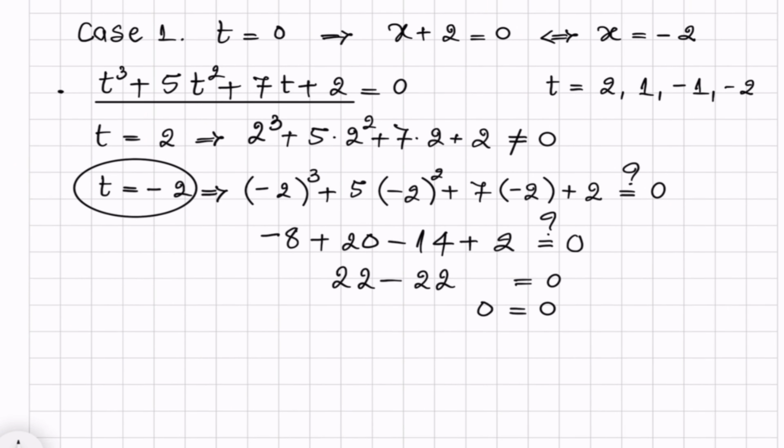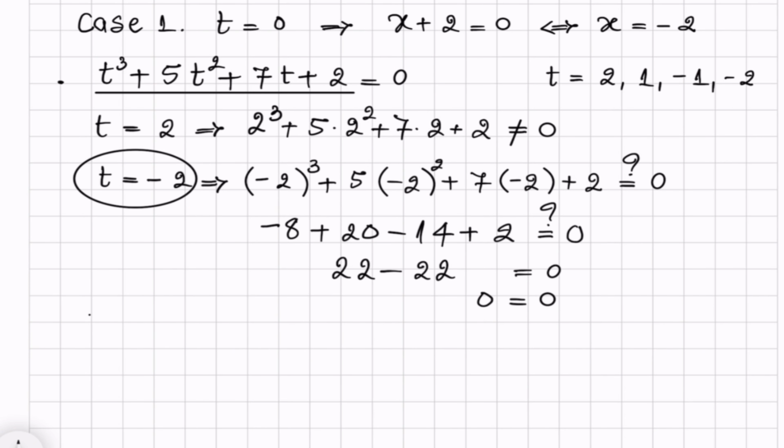So then we will take t plus 2 in common for this equation. So we get t cubed plus 2t squared. Then for 5t squared, we have to add 3t squared. And then we take 7t, separate into 6t plus t, and then plus 2 equal to 0.